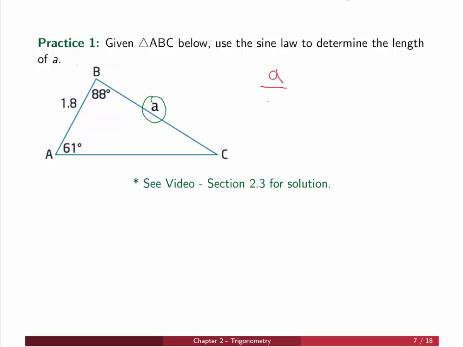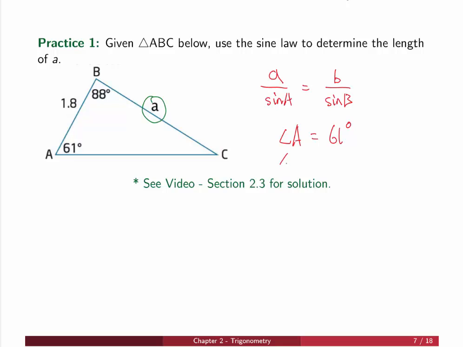So I'm going to use this particular version of the sine law. And you only need two fractions. This is a ratio to solve for what we desire. We need to know three things. We need to know angle A, which is 61 degrees.